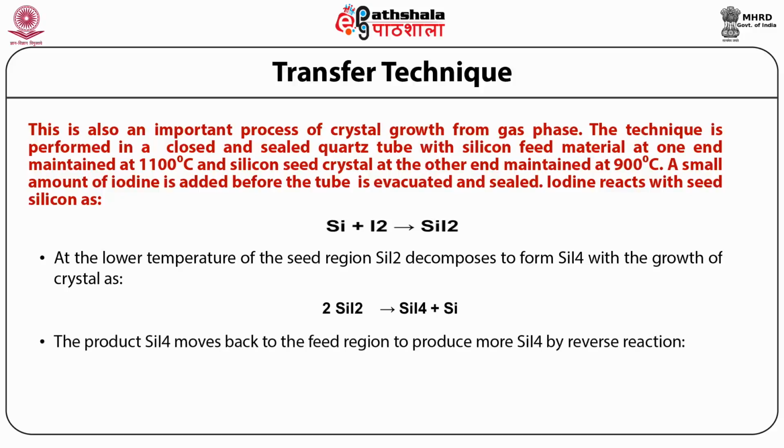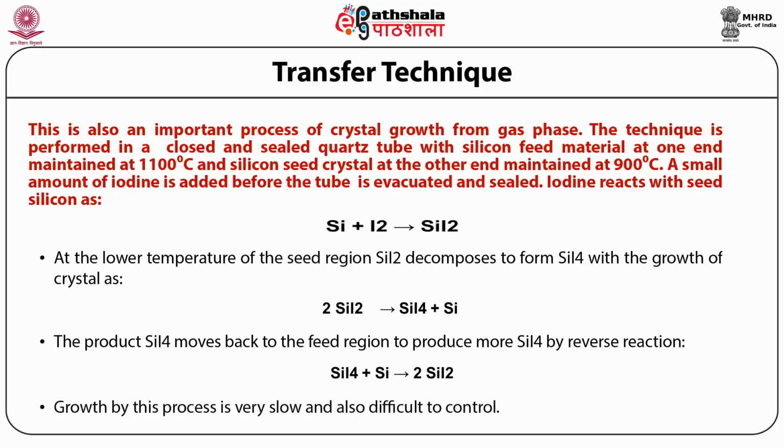The product SiI4 moves back to the feed region to produce more SiI2 by reverse reaction, that is SiI4 plus Si gives us twice SiI2. Growth by this process is very slow and also difficult to control.